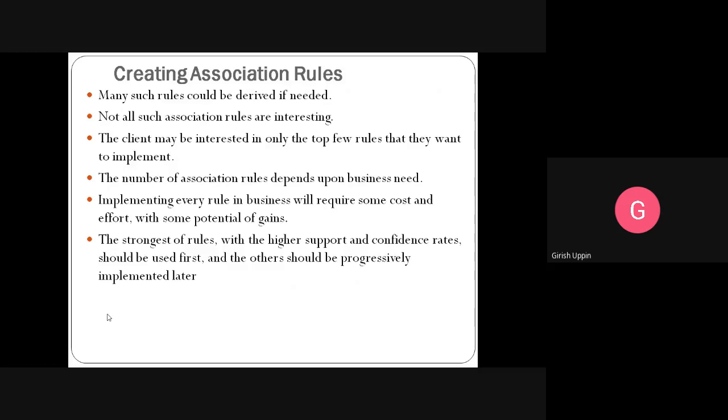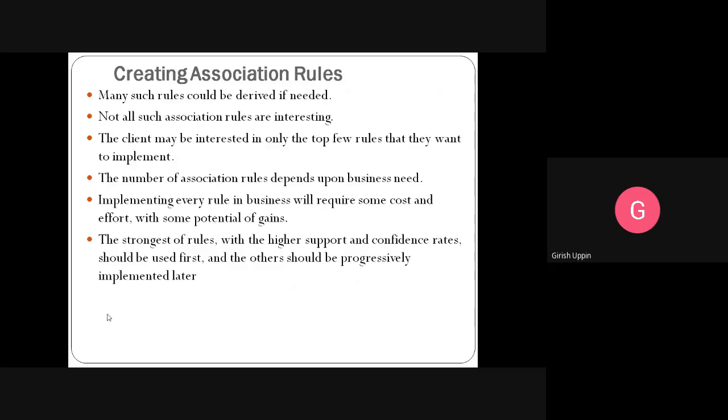So as we see, we can go to 2 item set, then create rules, 1 item set, create rules. Many rules can be created. Not all such association rules are interesting. They may not yield something useful for any kind of alterations. The client may be interested in only the top few rules that they want to implement, right? You cannot implement all the rules.